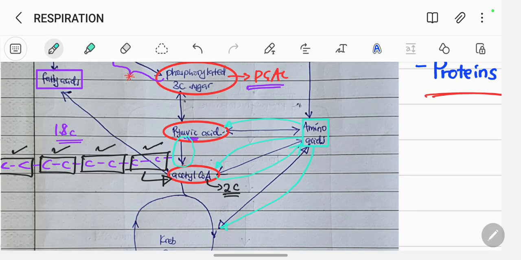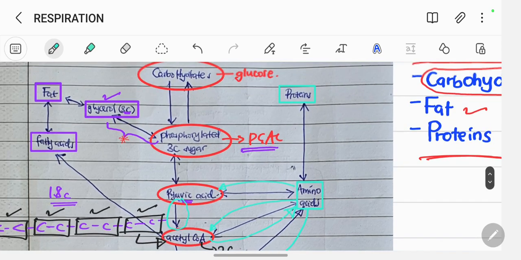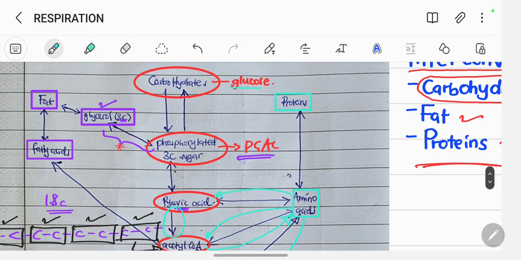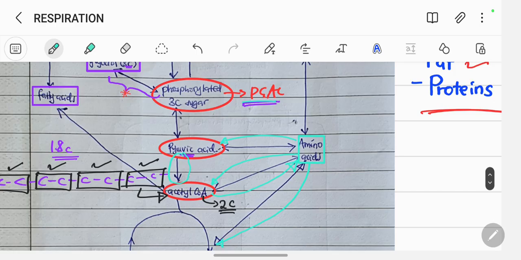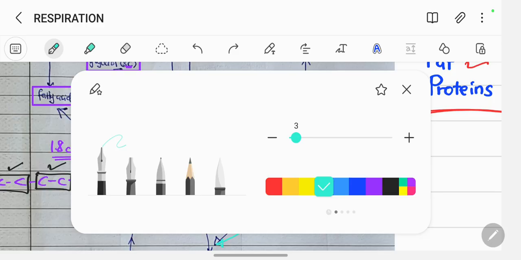What does it mean? It means that when a certain amino acid is in a deficient state, the body is lacking a certain amino acid, we can process our sugar into sugar, then we form pyruvic acid, then from pyruvic acid we form that amino acid. Are you seeing that sequence?